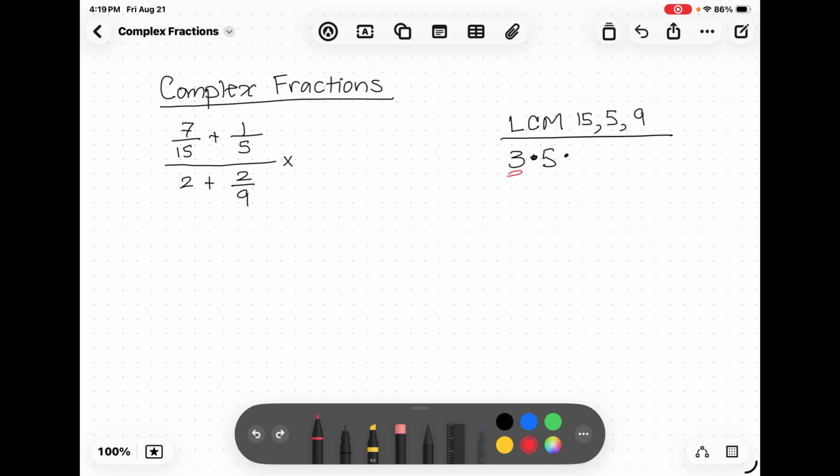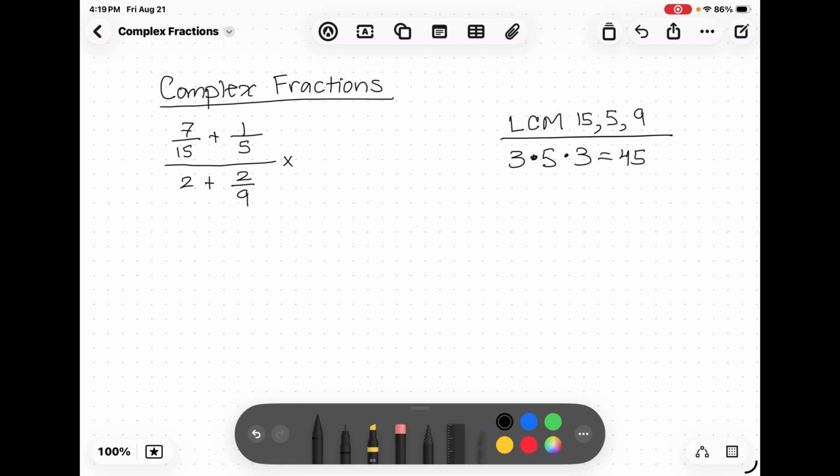One of the 3's is there, but I do need the second 3. So there. So that's my least common multiple. I could just say it like that, 3 times 5 times 3. I could say it's 45. I think I'll keep it as 3 times 5 times 3.